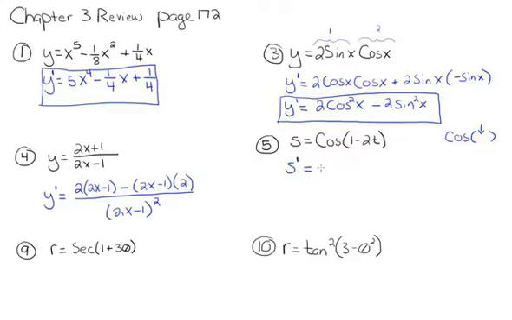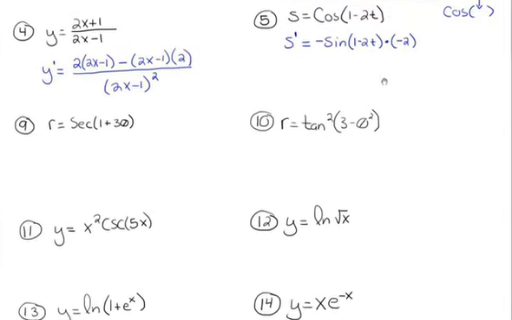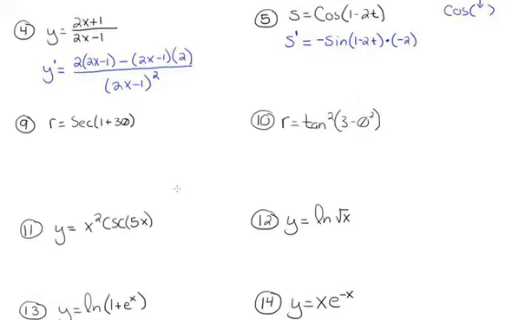The derivative of the outside function is going to be negative sine, and we don't change the inside function. And then we multiply by the derivative of the inside function, which should simply be negative 2. And again, easy to simplify, but we're going to leave it alone.